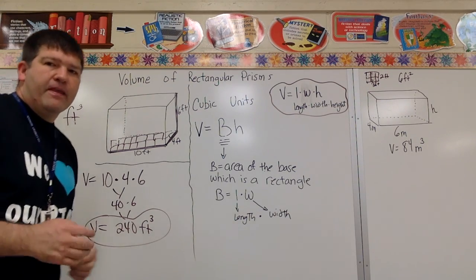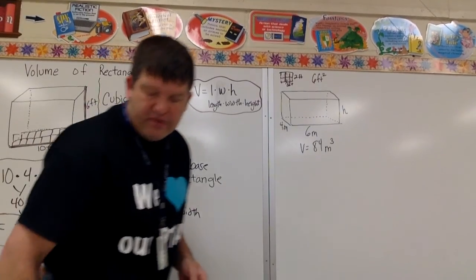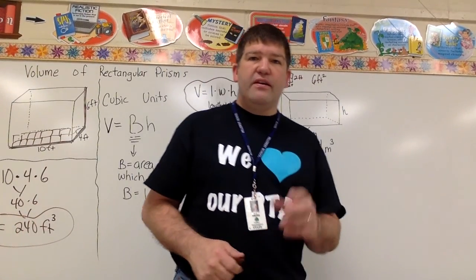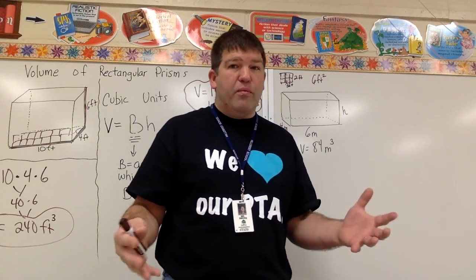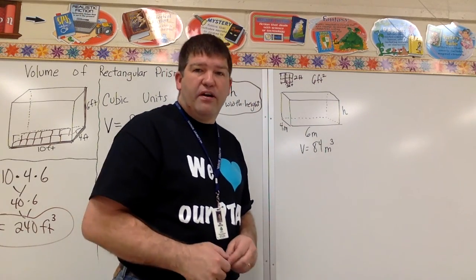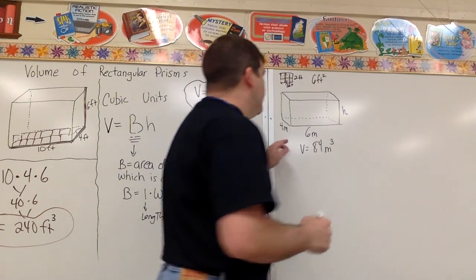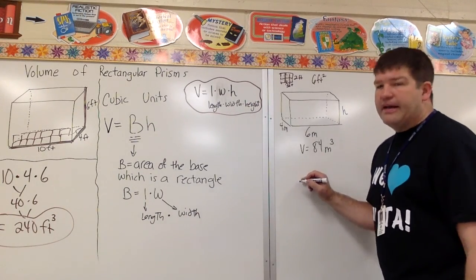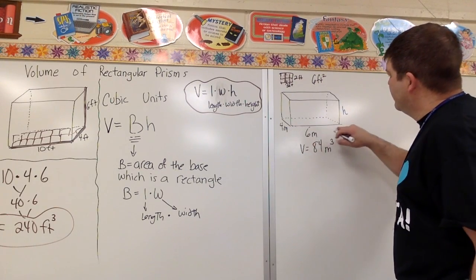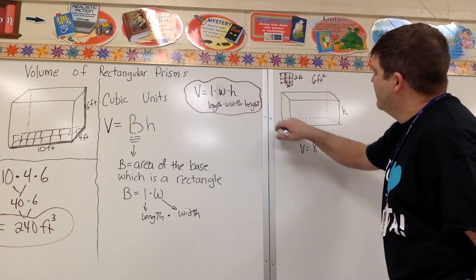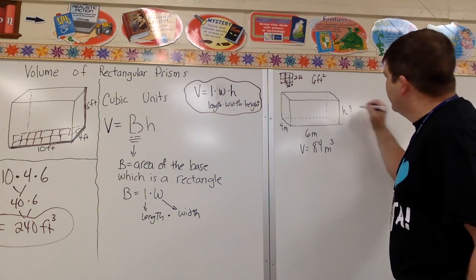Now, just like with the other ones, when you're doing the surface area, if you have all of the information except for maybe one piece, you can still figure out what it is. So on this one, I have the length, I have the width, I'm missing the height.